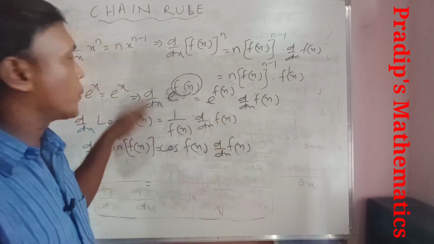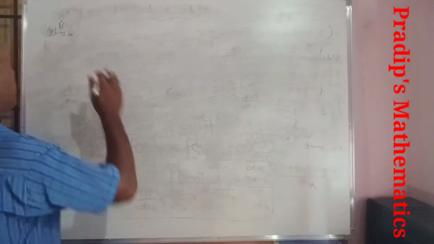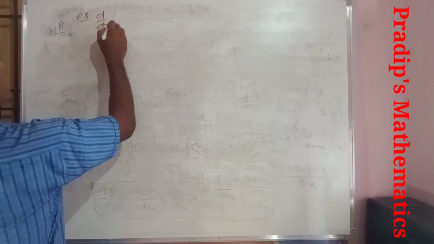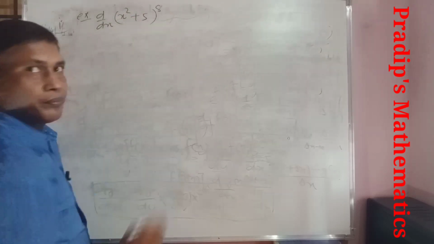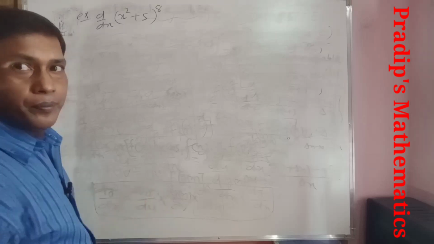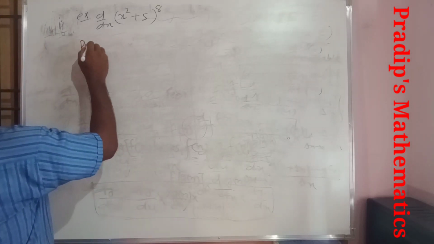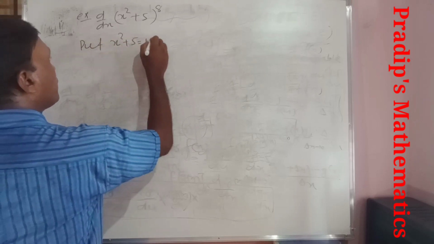Now let's come to solve some problems. Suppose we have given to evaluate derivative of x square plus 5 to the power 8. Look at here. Put x square plus 5 is equal to u.